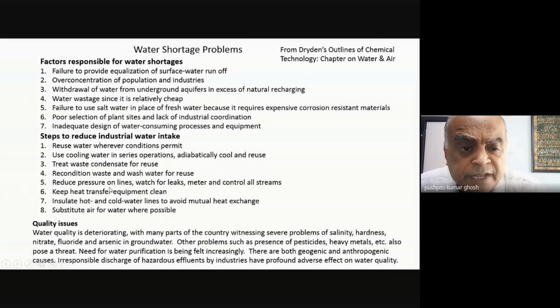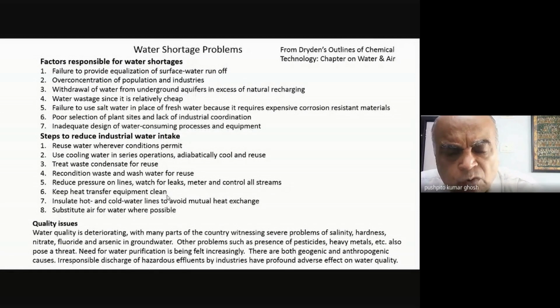He says, check the pressures on lines, etc., to make sure that there are no leaks. Keep heat transfer equipment clean. Because imagine if they are encrusted with salts, obviously your heat transfer efficiency will go down, and you'll keep putting more and more water to do the same job. So obviously, keeping things clean is so important.